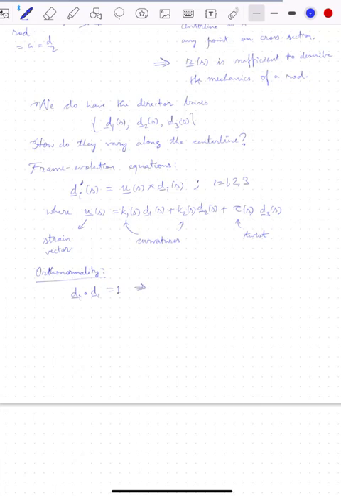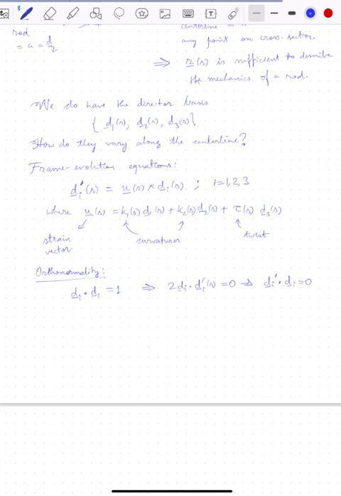If we differentiate with respect to s, then we have 2 di dot di prime is equal to 0, and this implies that di vector prime dot di vector is equal to 0, which means that di prime is perpendicular to di.